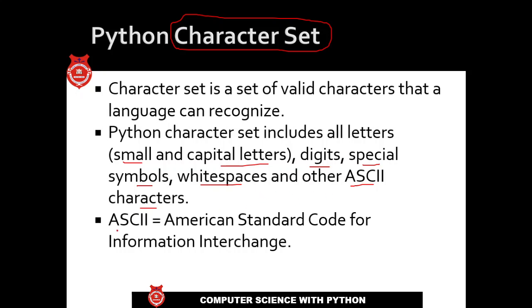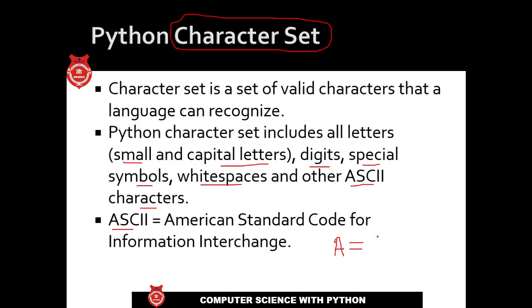When you say ASCII, it is nothing but American Standard Code for Information Interchange. They are the organization looking after how to give values to different character sets. For example, A, capital letter A, needs to be represented in binary form. When you say binary form, it is number system. So they must have some number equivalent.